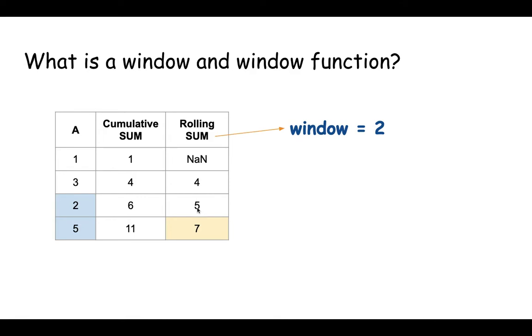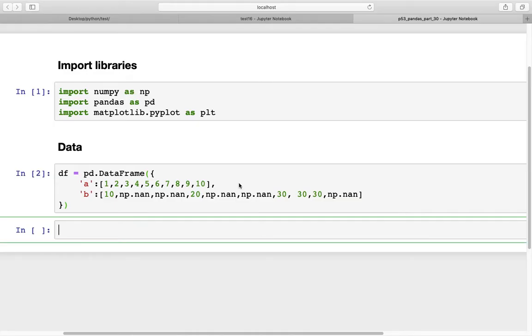So that's what a window and a window function is. In this video we'll talk only about this. In the next video we may talk about windows in signal processing, which are completely different from what we just talked about. Let's now get into the Jupyter notebook and start coding.